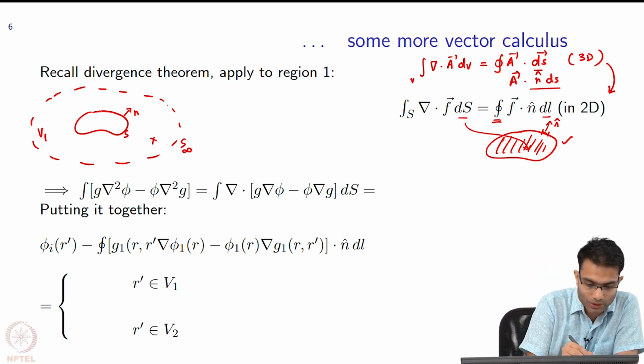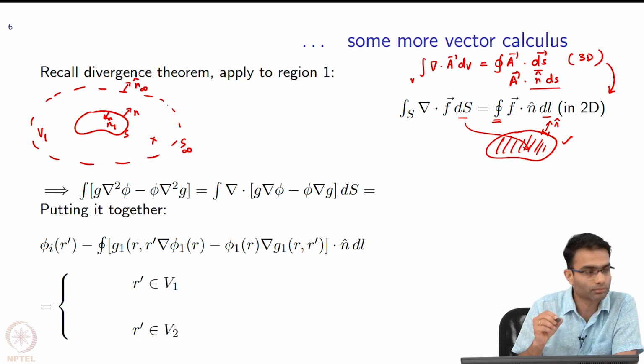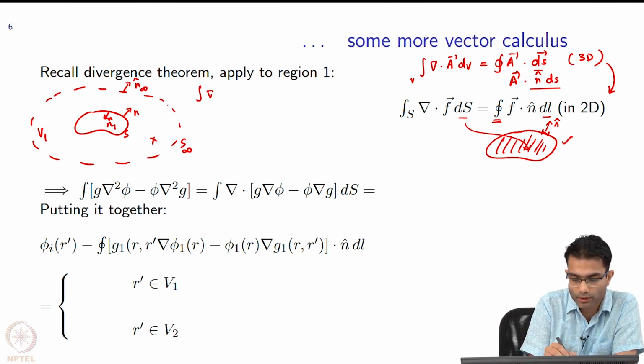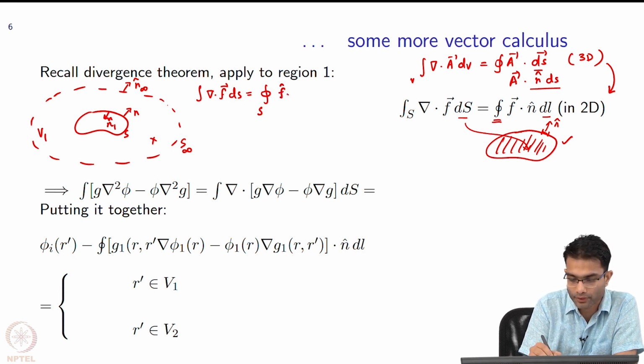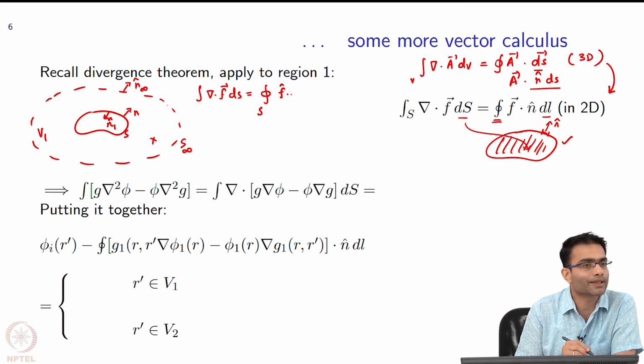So, let us call the opposite of this vector over here, that is the outward normal over here, n1, and let us call this n infinity. The divergence theorem applied over here will give me what? Del dot f dS will give me the total flux. So, it will give me over S, f dot the outward normal to this, which is n or n1?